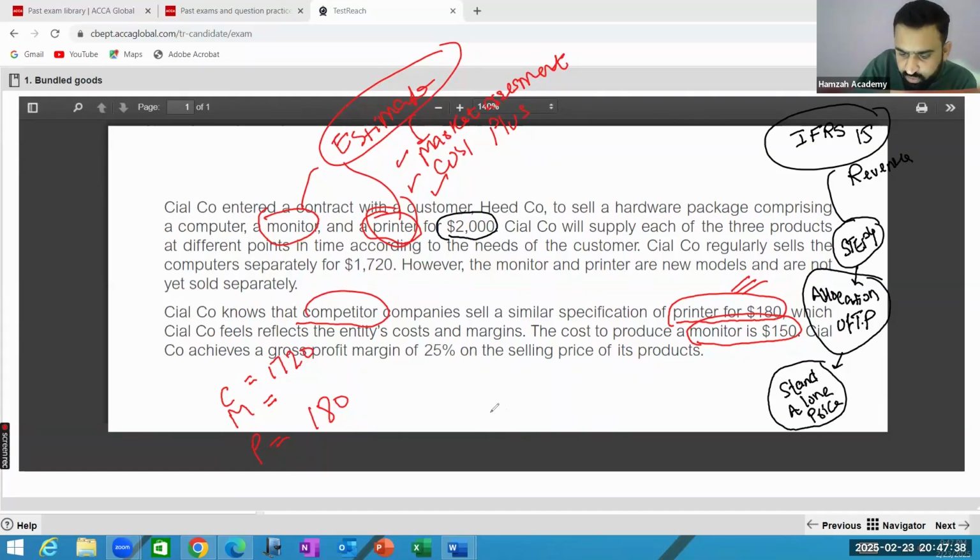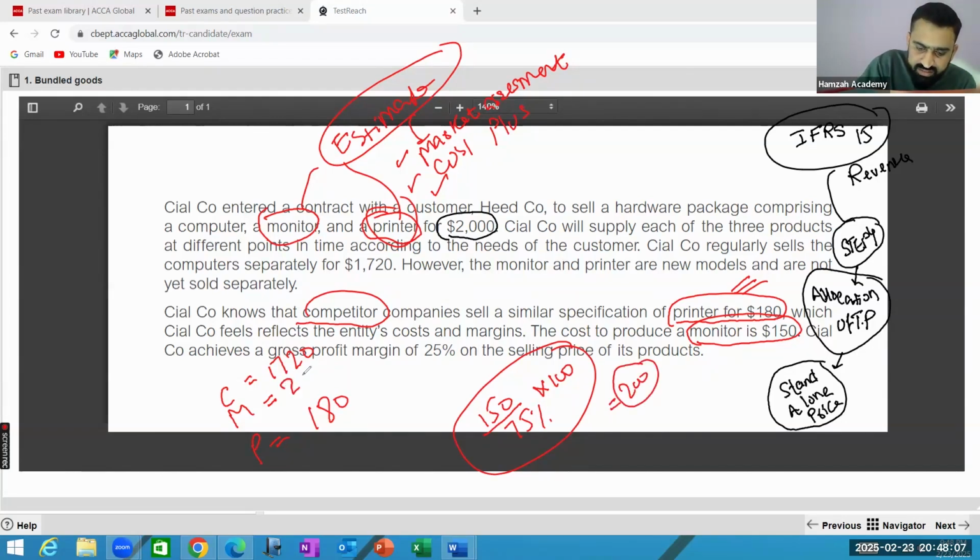In margins, cost represents 75% of the sale price, because the margin is 25%. So 150 divided by 75 into 100, you will get the estimated standalone price of the monitor, which is $200. This $200 is from the cost plus approach.